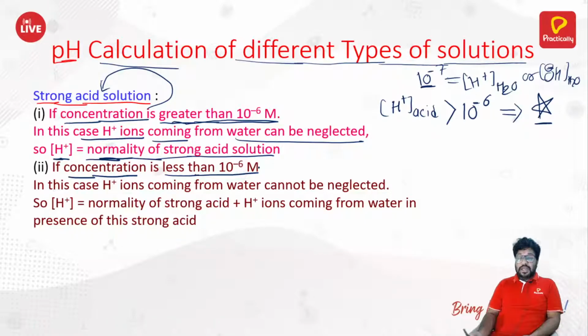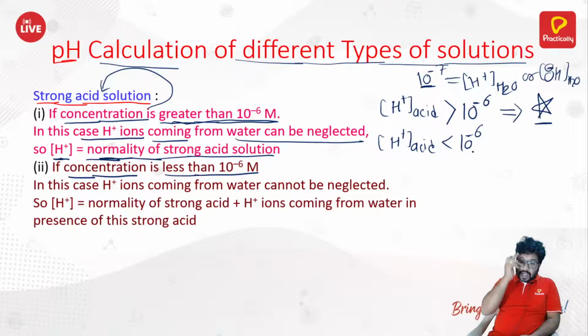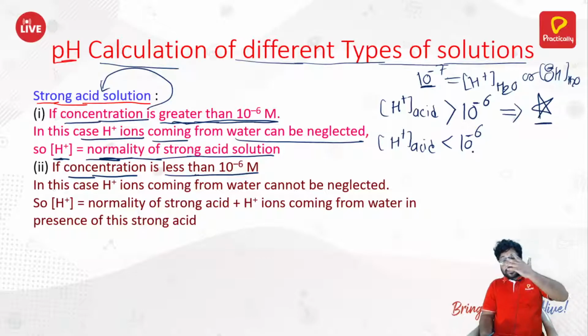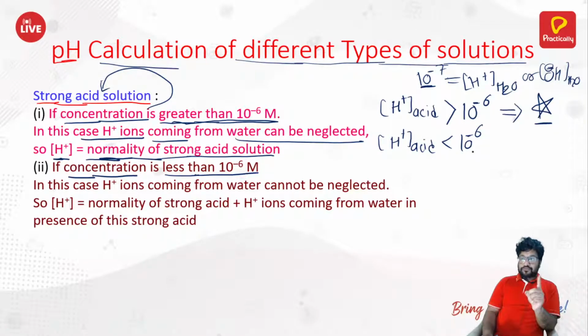But what if the concentration is less than 10 raised to minus 6 molar? Sometimes it might happen that the concentration of H plus ion given by your acid is less than 10 raised to minus 6. Then you need to consider the H plus ion which came from the water, because that will add substantially to the H plus ion concentration of the acid.